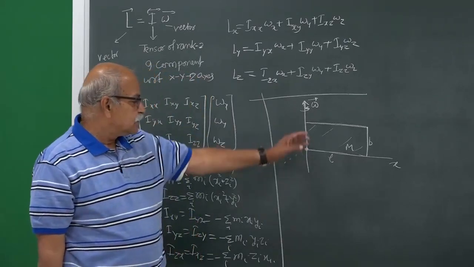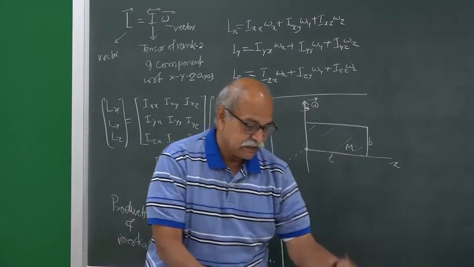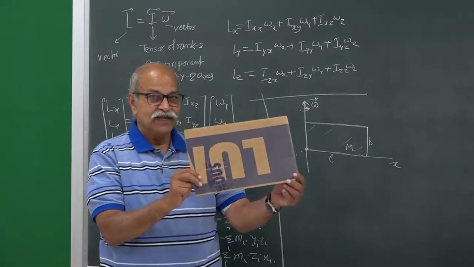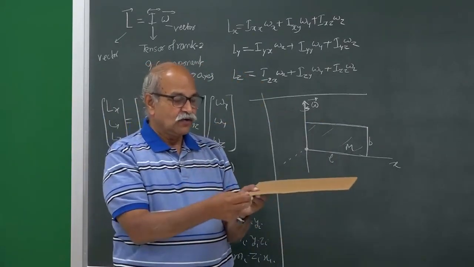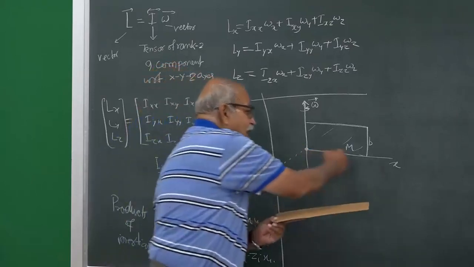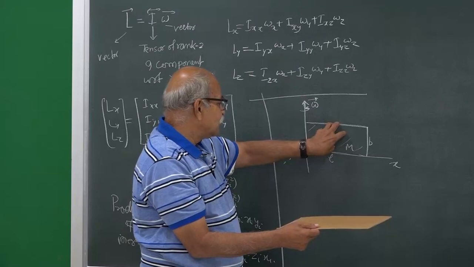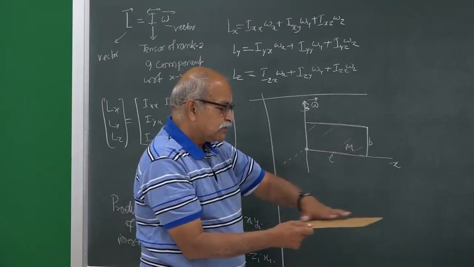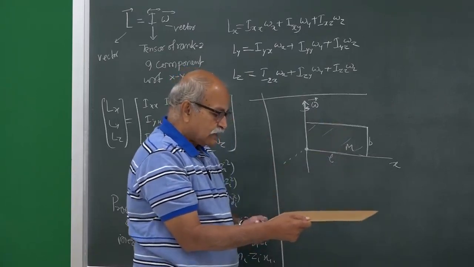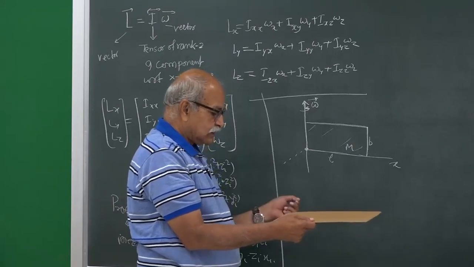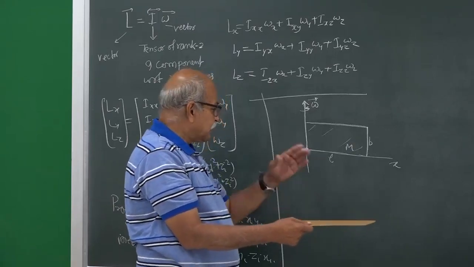So, what is the kind of situation? This is that rectangular plate, and here is a corner, and I am taking the x axis here and the y axis in the plane of this plate, along the other edge, and the z axis is perpendicular to this plane.